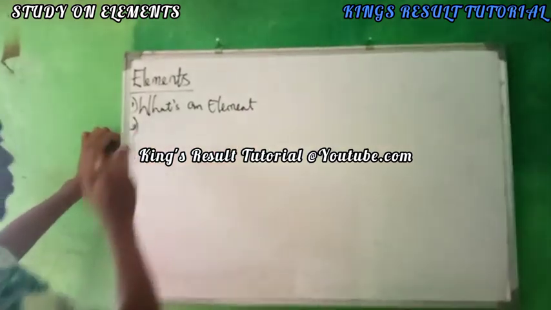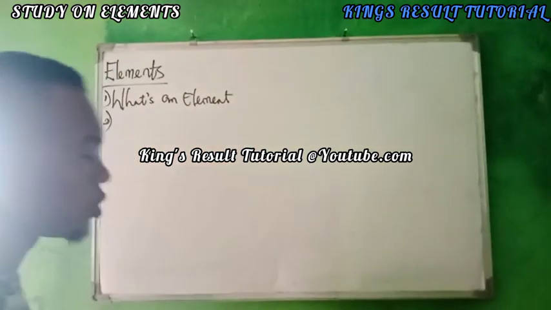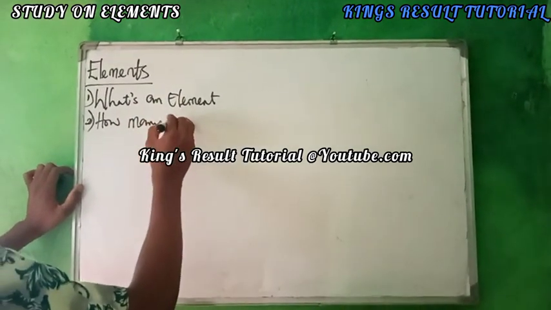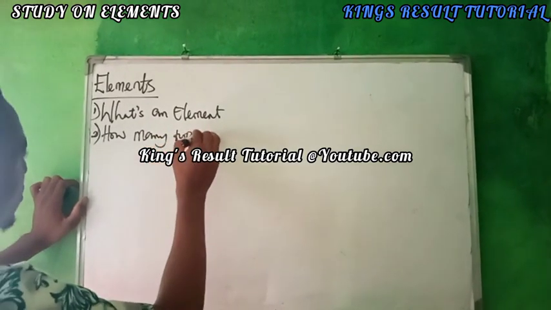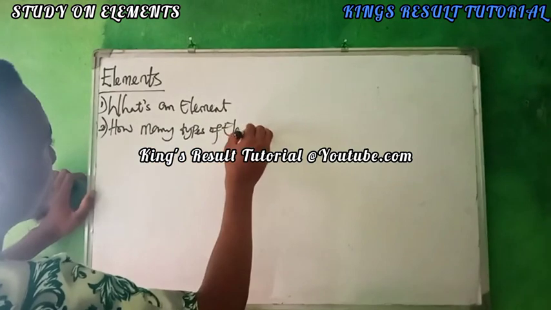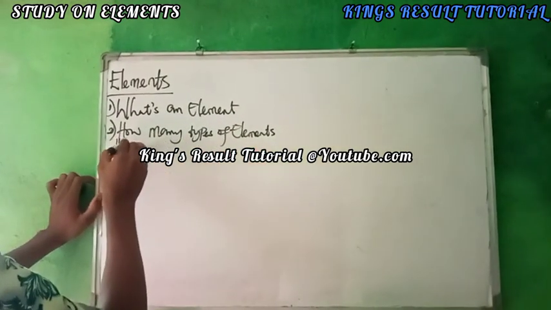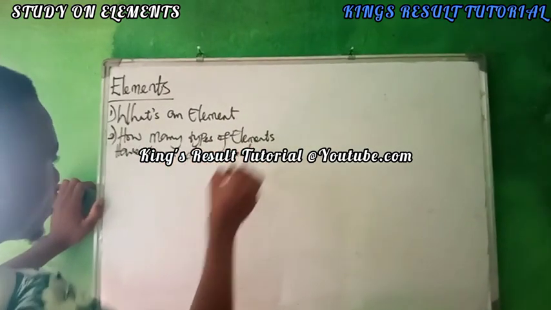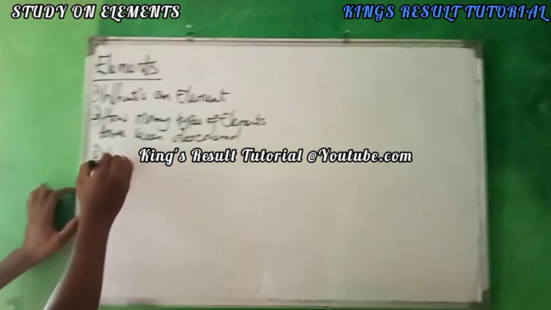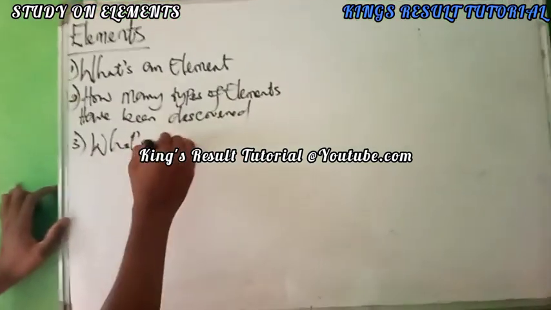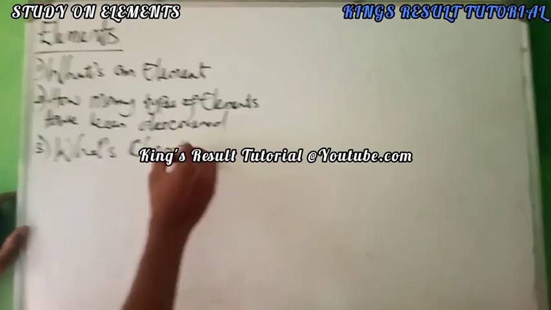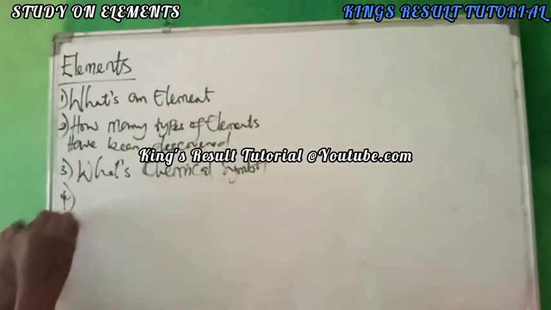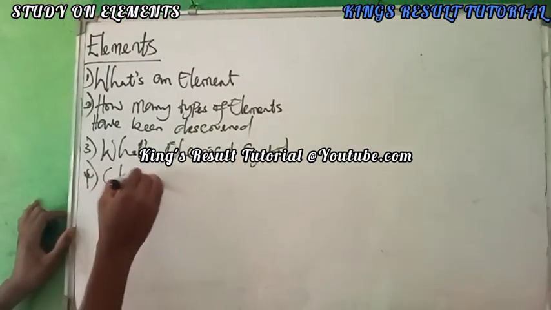Then question 2: How many types of elements have been discovered? Then we have 3: What's chemical symbol? Okay, number 4: Classes of elements.